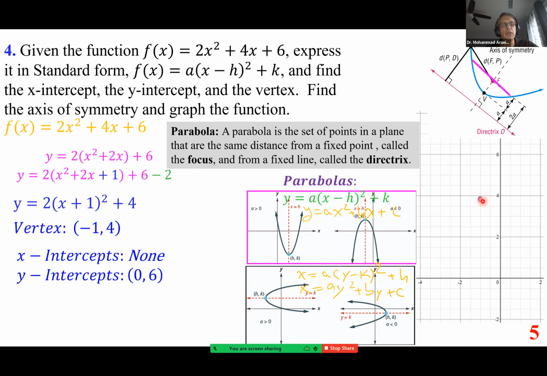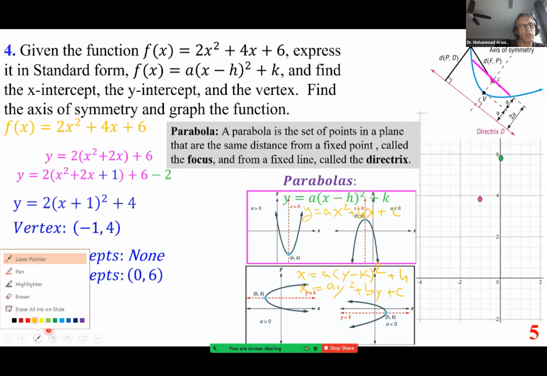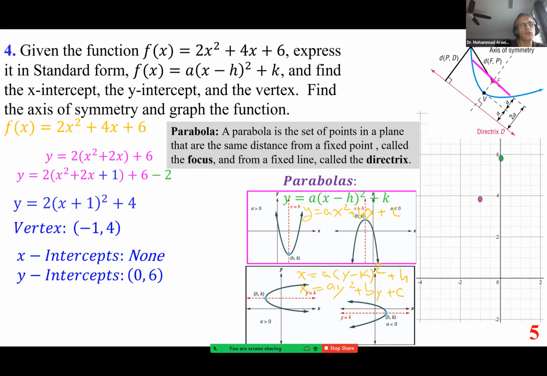The x-intercept is none. The y-intercept is 0, 6. So this is the location of the y-intercept. How do we know the x-intercept is none? I hope you realize that if you go back here and you calculate b squared minus 4ac, because if you set this equal to 0, that's how you find the x-intercept.